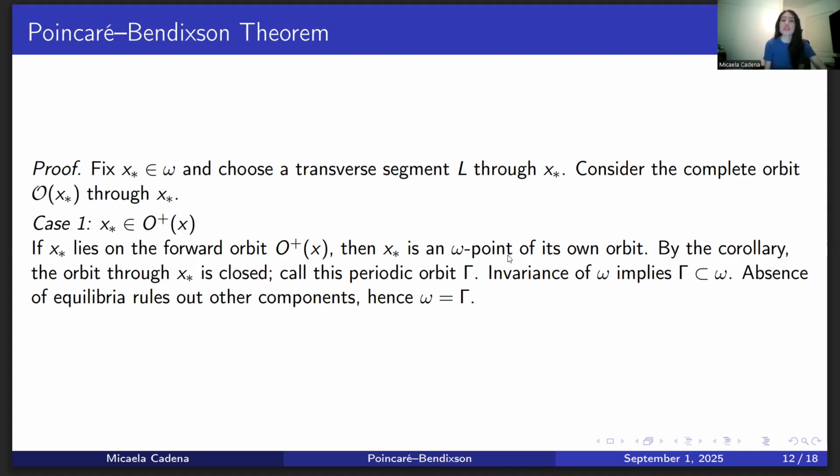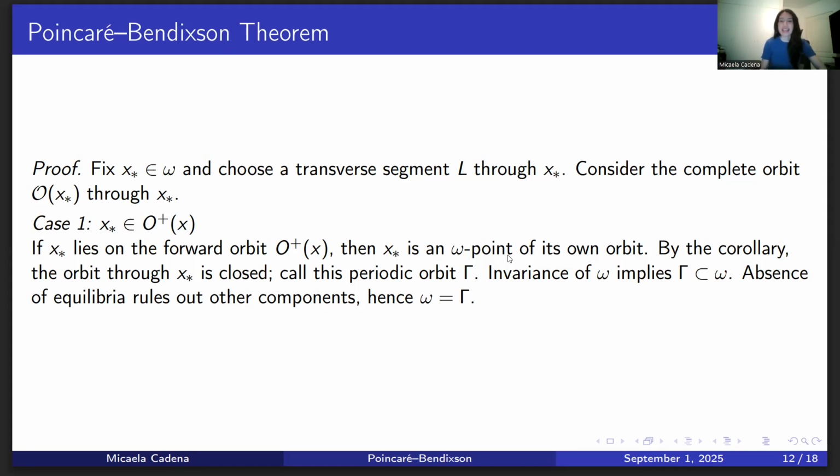So we would call this periodic orbit gamma. But by the invariance of the omega limit set, it implies that gamma must be a subset of the omega limit set. But also, we have a hypothesis in our theorem, and that is that the omega limit set has no equilibrium point.